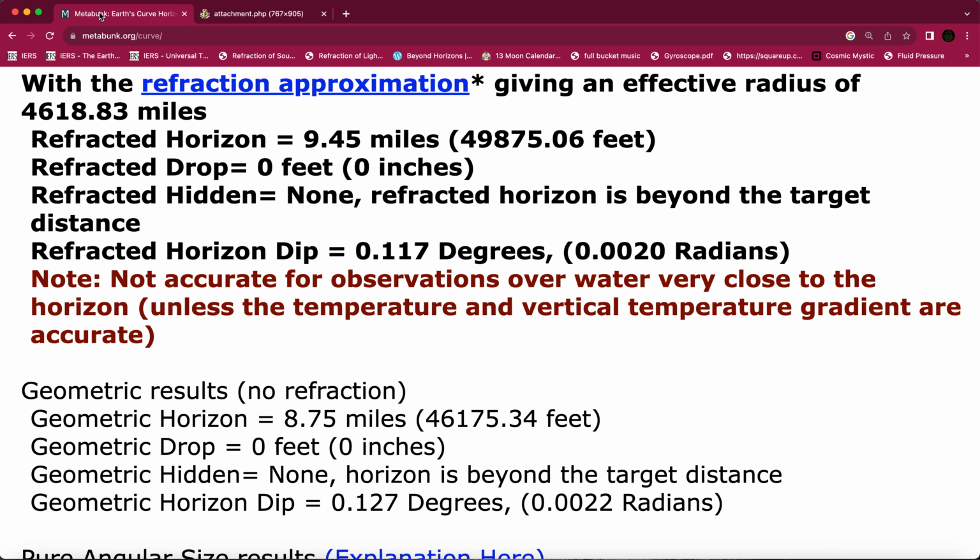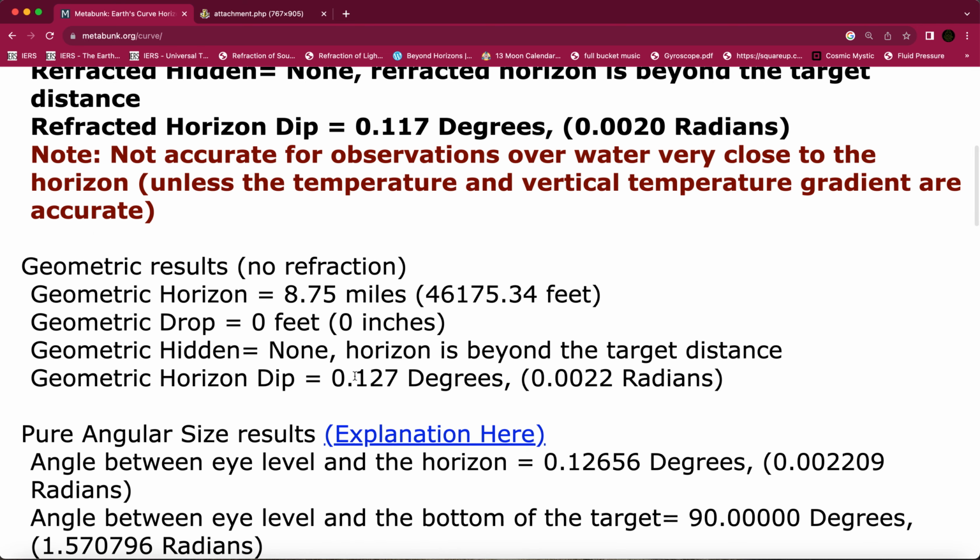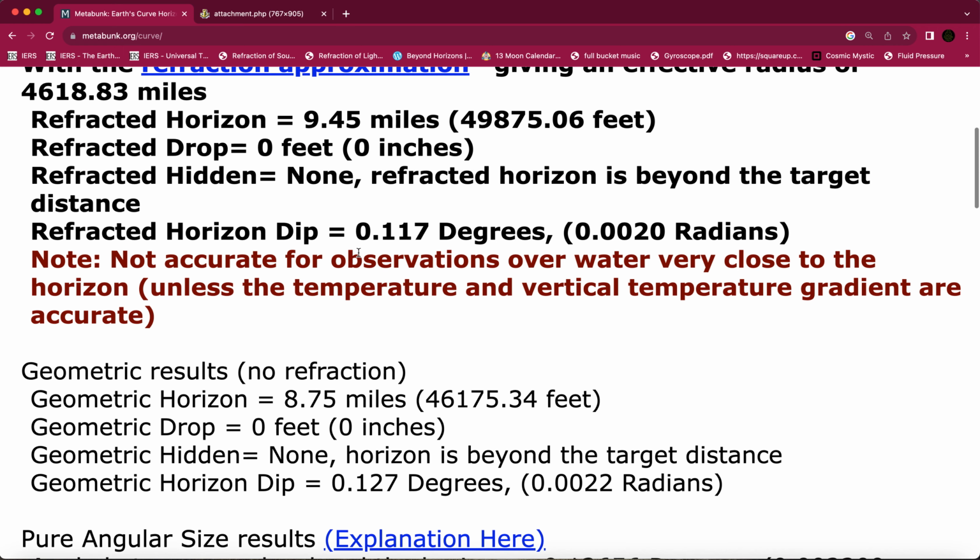So once again, for the globe, the geometric dip is 0.127 degrees or 12 minutes 7 seconds. Their 7 over 6r dip is, not that I should have to add this in because it's rubbish and has nothing to do with refraction, but I'll throw it in anyway just to keep people quiet, 11 minutes 7 seconds.